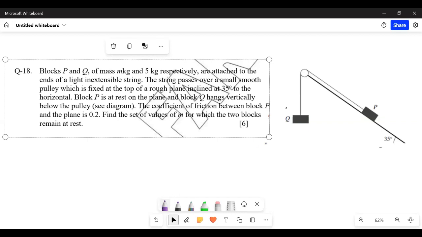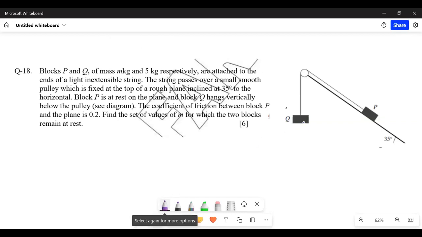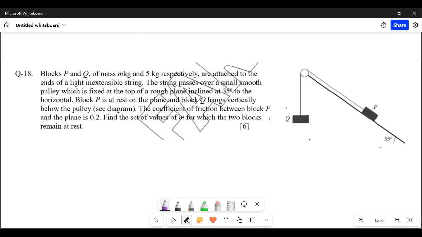Okay. Its weight will be 10m. Q is 5 kg mass, so its weight is going to be 50 newtons downwards. There's going to be tension in the upward direction.